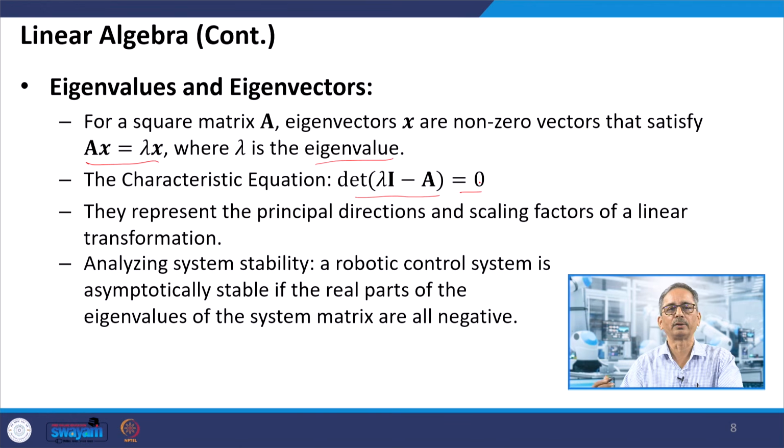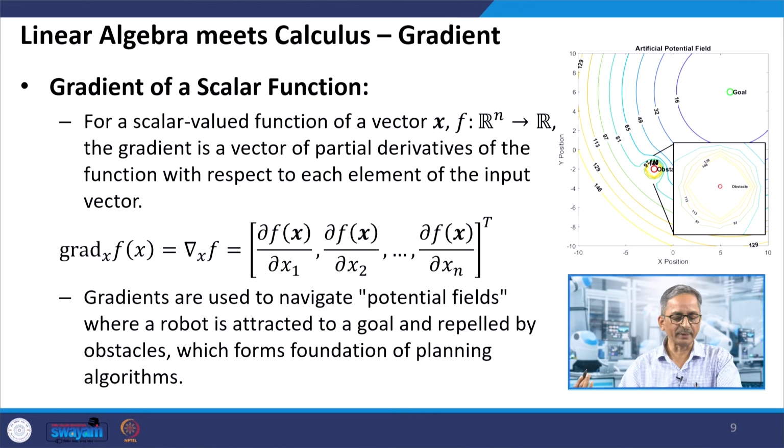They represent the principal direction and scaling factor of a linear transformation, and this concept is used in robotic control systems to see whether your system is asymptotically stable or not. If the real parts of the eigenvalues of the system matrix are all negative, then we say that it is asymptotically stable.